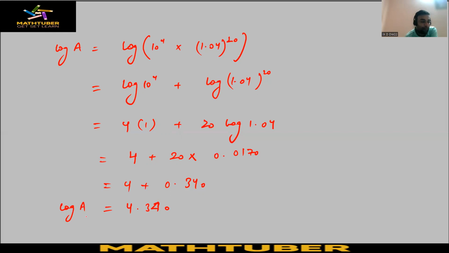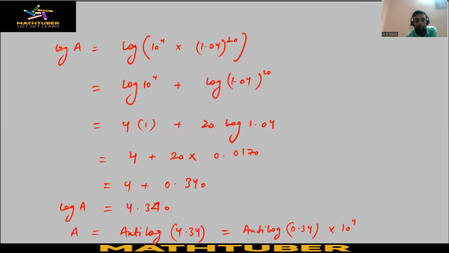But we want the complete amount here, and if you want to remove this log, you have to take anti-log on both the sides. So A will be equal to anti-log of 4.34, which will be anti-log of 0.34 into 10 raised to power 4, right?